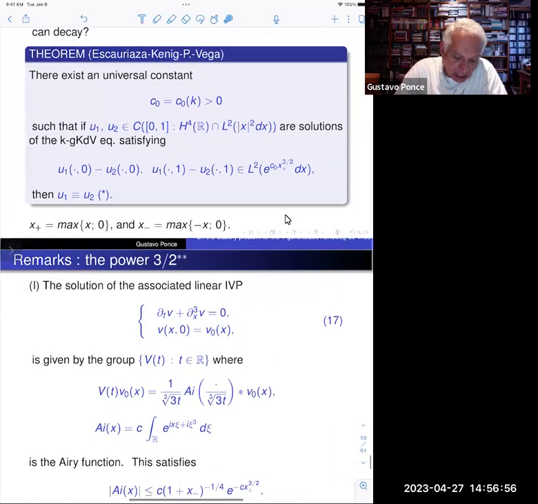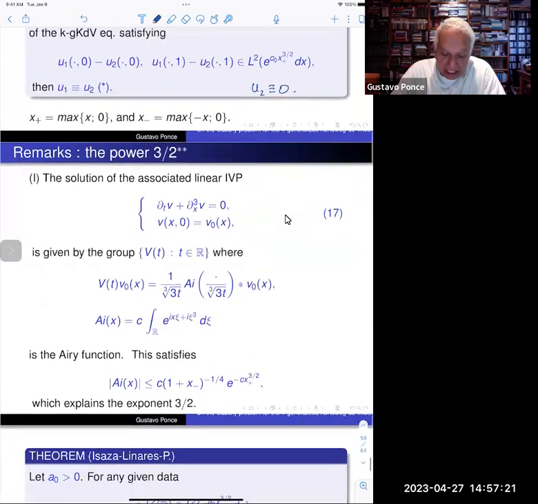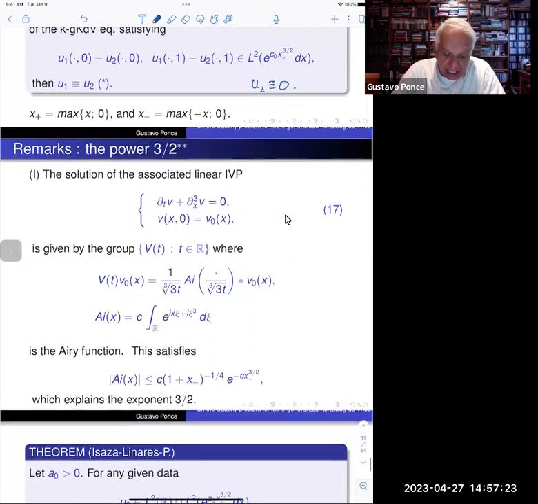Look, if you put u2 equal to 0, you are saying, if I have a solution of the KdV that at two times decays with this power, then it is 0. Even if I put u2 identically 0, I still have a theorem. Then what can you say if you decay like 3/2?